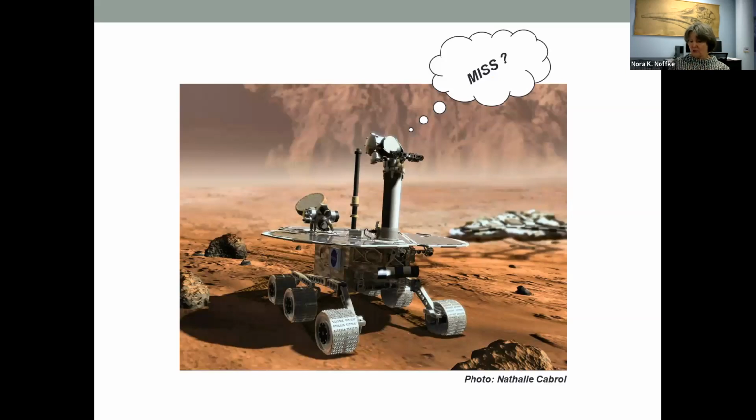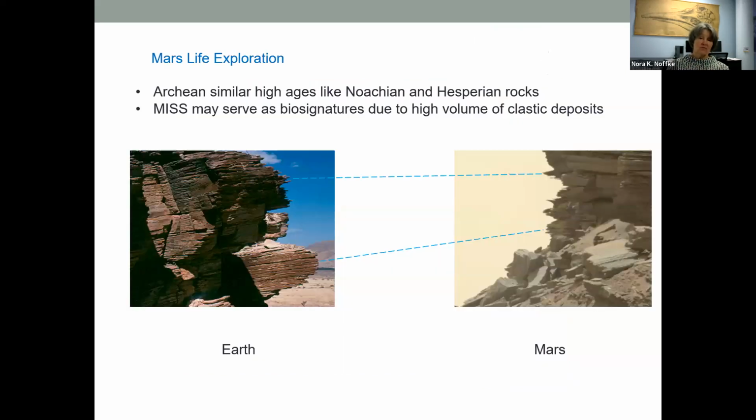So now what do we do on Mars? First of all, Mars includes Archean and Hesperian rocks that have more or less the same ages as the Archean, and there are a lot of those rocks. Quite nicely, there are more Archean-aged rocks on Mars than on Earth, because on Earth, the Archean record, as you know, is quite spotty.